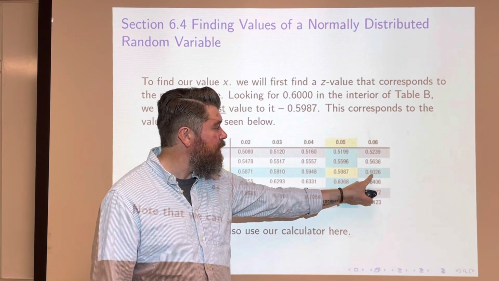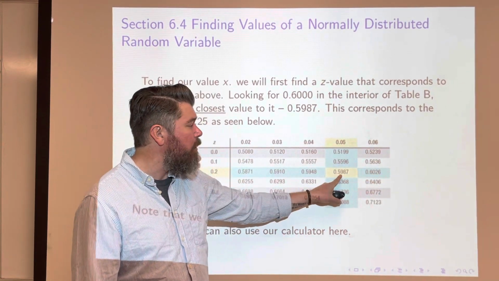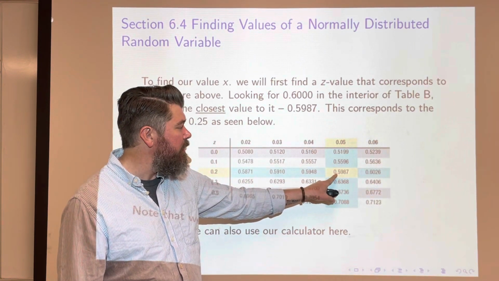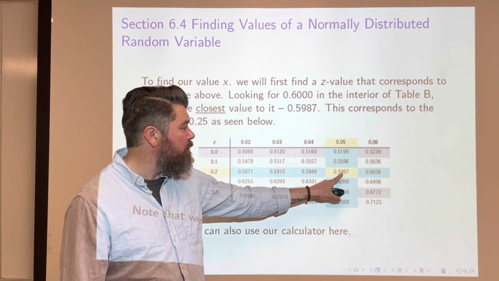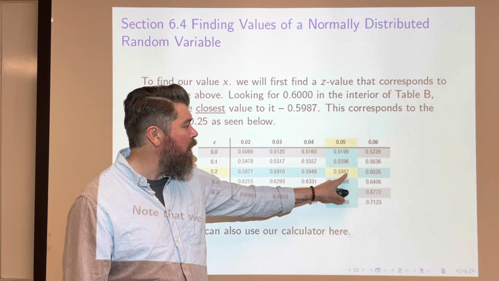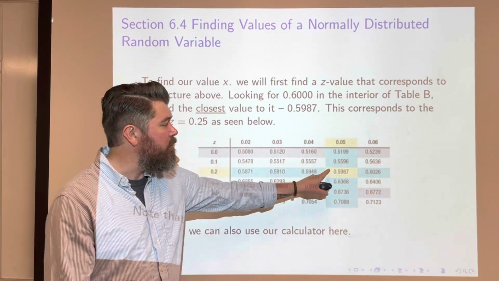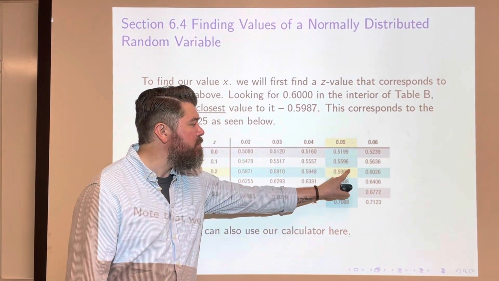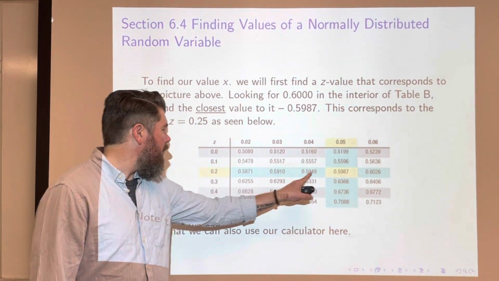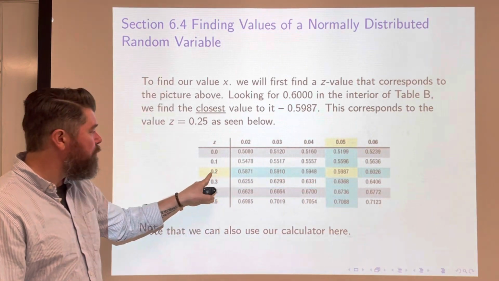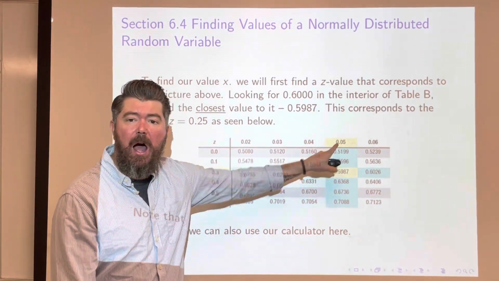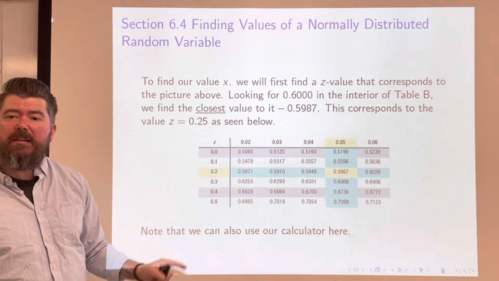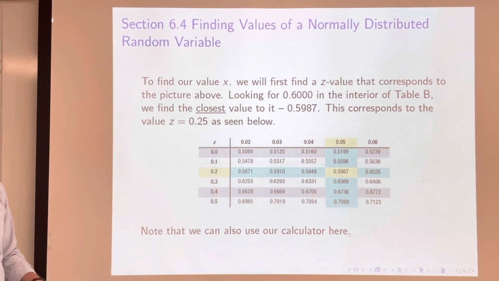Well, this one is 0.0026 away, whereas this one is 0.0013 away. So this one is closer. So we're going to choose this value. And it corresponds to 0.25. So it corresponds to the z value, 0.25.